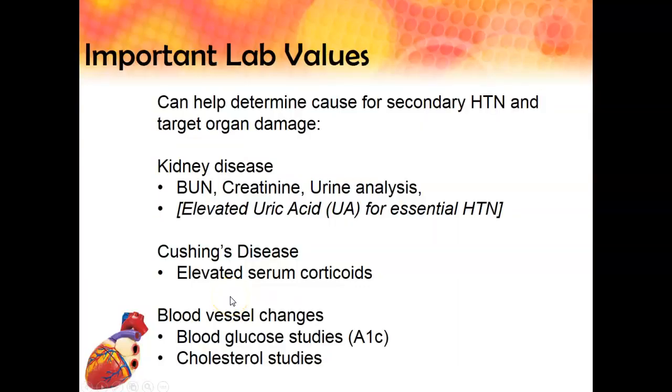Lab values, as you're going through and preparing to study, make sure you have a good, clear list of the different labs that you should be familiar with. So in terms of determining secondary hypertension and target organ damage, kidney disease, we're going to look at the BUN, creatinine, urine analysis, elevated uric acid for essential hypertension.